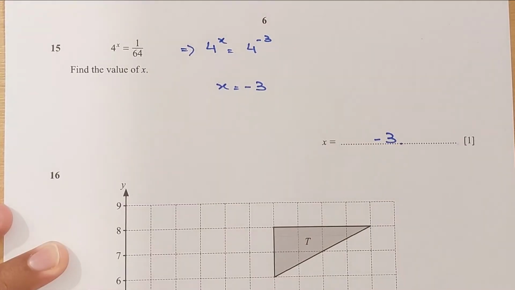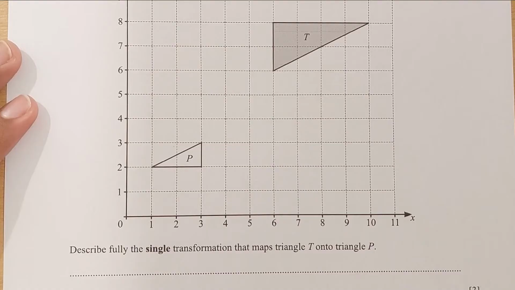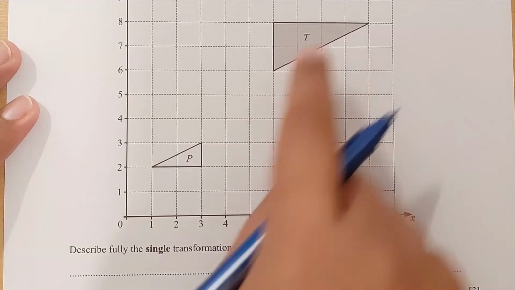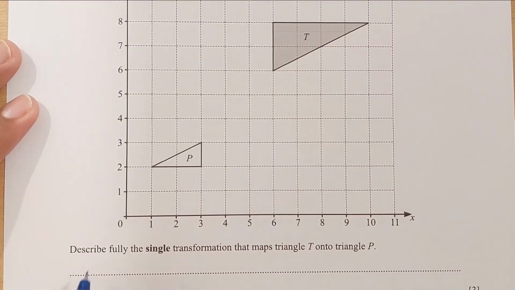Right. Question number 16. Describe fully the single transformation that maps triangle T onto triangle P. Okay, so this is an enlargement. This is understood.